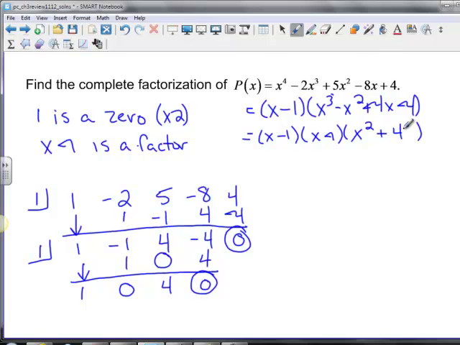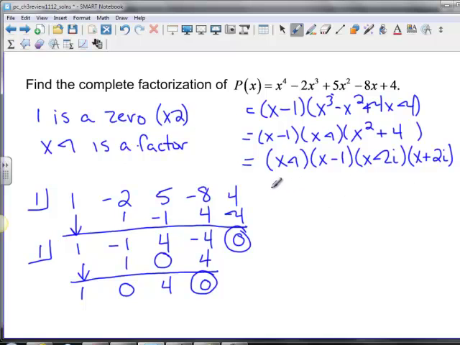Now, normally we can't factor that, but because we know about complex numbers, we can factor it. We can say this is x minus 1, this is x minus 1, and this is x minus 2i and x plus 2i.